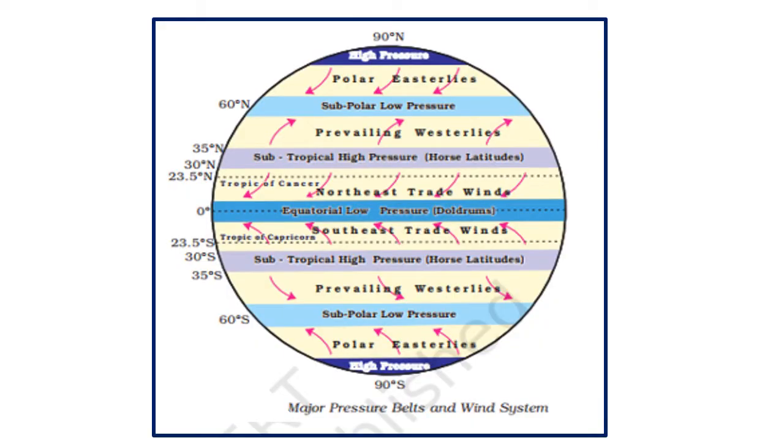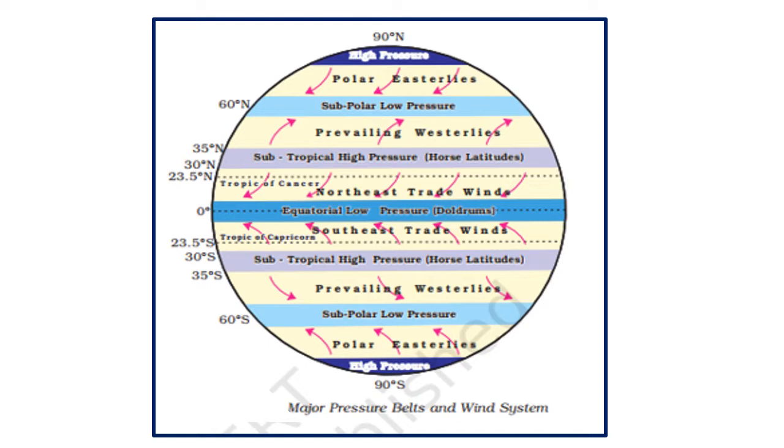In this diagram, we will see some of the permanent pressure belts of the earth and try to understand the reason for having this type of pressure area in this region. First, near the equator. As you have read earlier, it remains hot throughout the year.